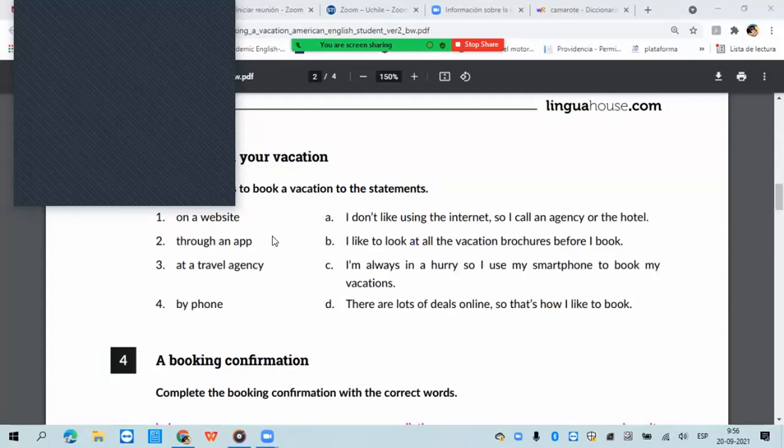No, through an application. That's the meaning. So which of these? I'm always in a hurry, so I use my smartphone. Yes, that's correct. I'm always in a hurry, so I use my smartphone to book my vacations.